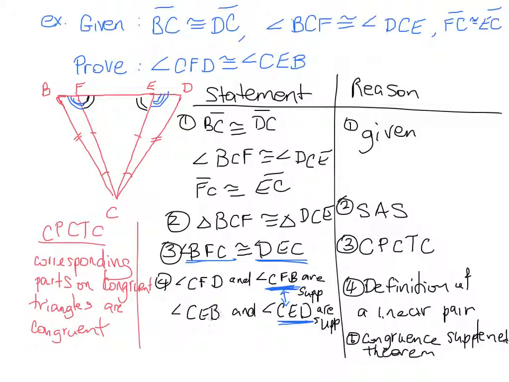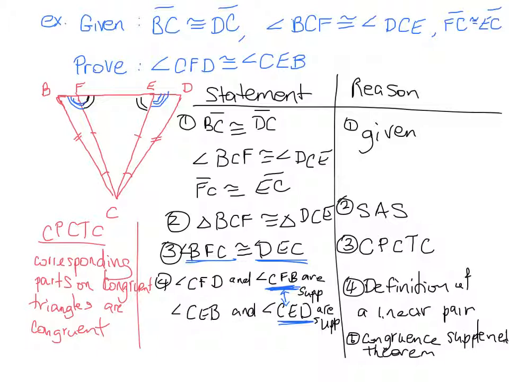I will repeat: we have two angles here that are supplementary with these two angles, which are in essence the same. Because they're supplementary to the same angle, these angles must be congruent to each other.